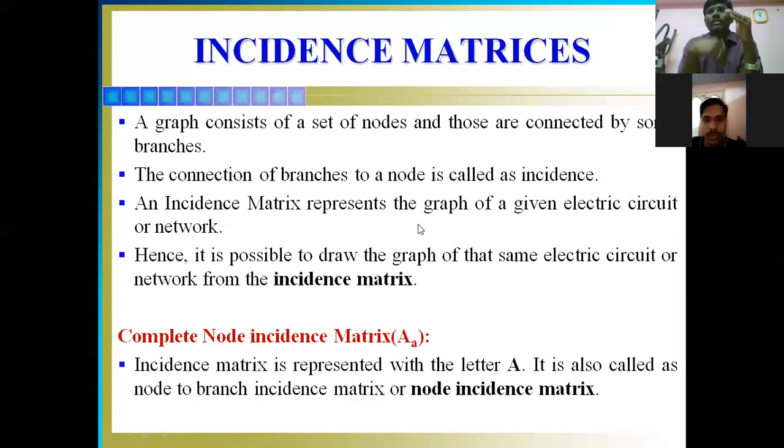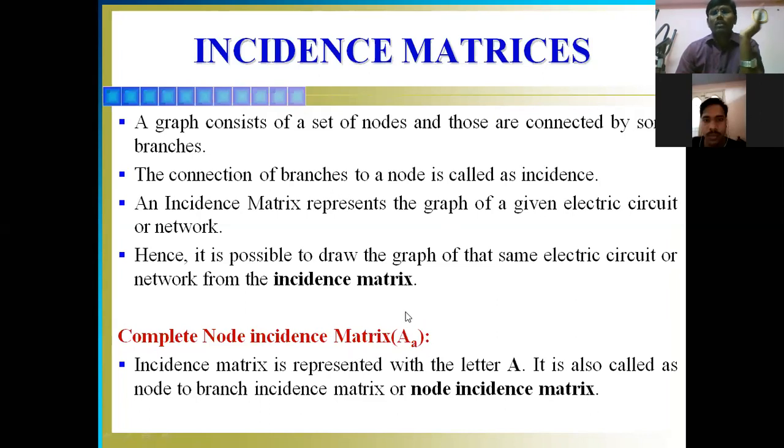We will see how to obtain this incidence matrix. There are two types of incidence matrices. The first one is the complete node incidence matrix, which is represented with A.